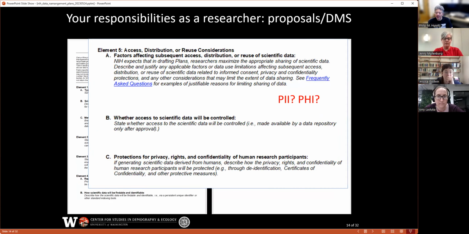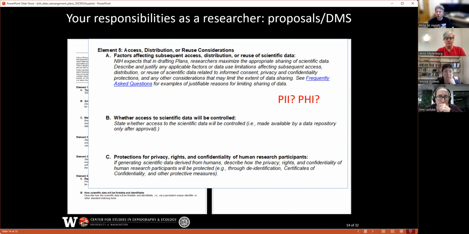Okay, element 5, access, distribution, or reuse consideration. So here's where you're going to have to wonder whether you have personally identifiable information or protected health information. So there may be factors that affect access, distribution, and reuse. Will access to the scientific data need to be controlled?